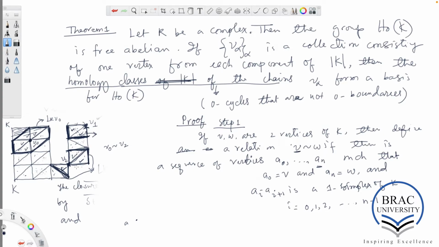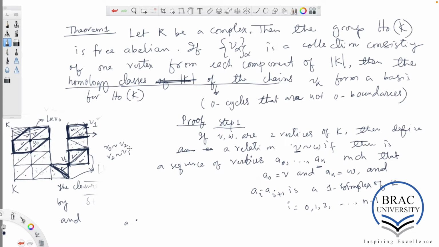Say we can go to V2 from V0 via this path where all of these line segments lie in the complex K. Similarly, you can go from V2 to V1 this way. So V2 is also related to V1.